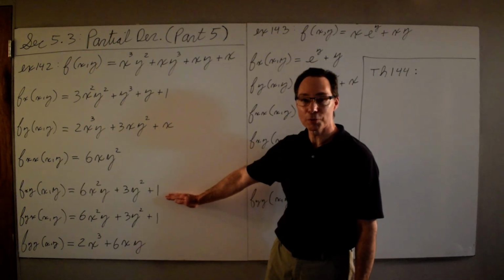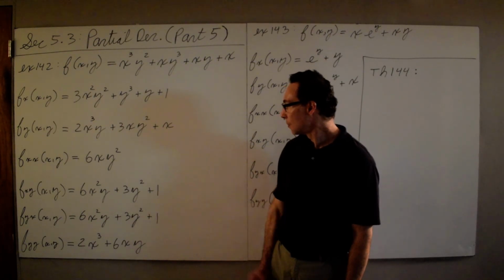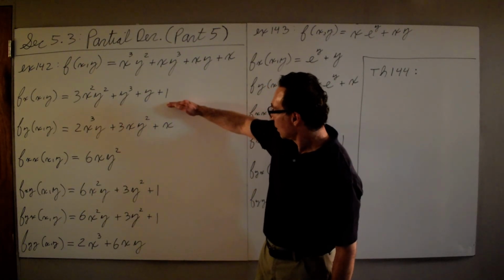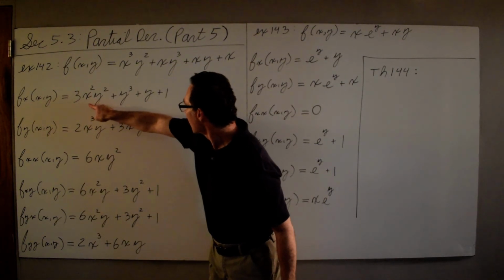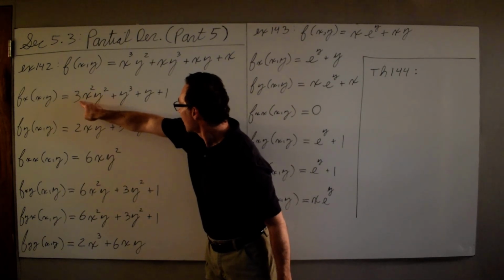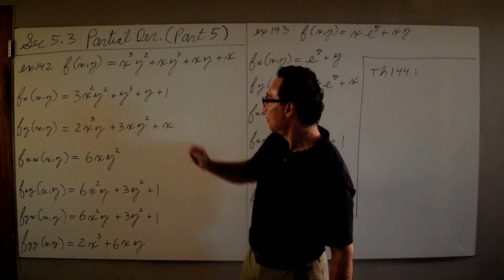So we start with f sub x and we take the partial derivative with respect to y. We have 6x squared y plus 3y squared plus 1.